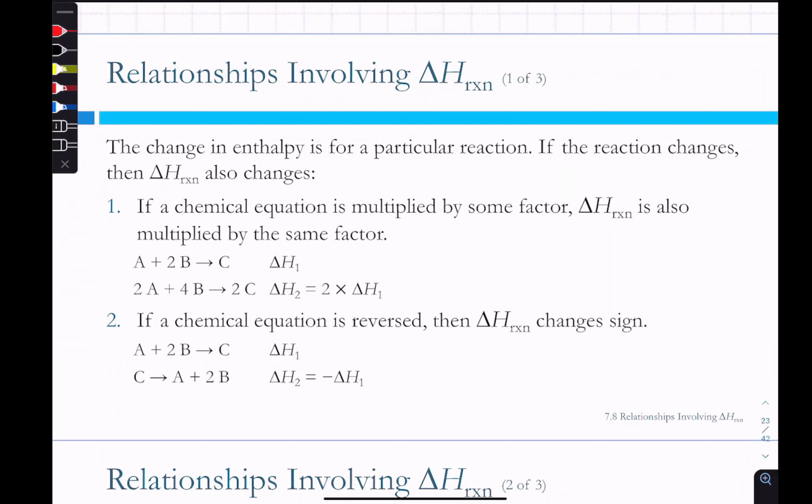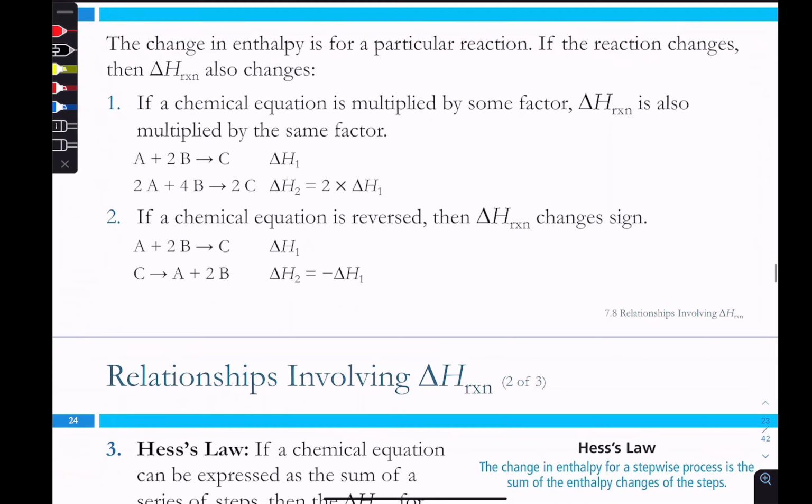If you go backwards, now you're breaking strong bonds and forming weak bonds. That difference in energy is just going to flip. It's also because it's a state function, so the direction doesn't matter, just the initial and final state. So multiply by some factor.